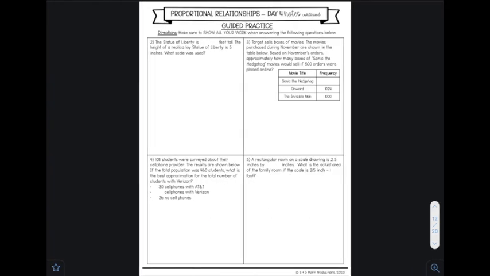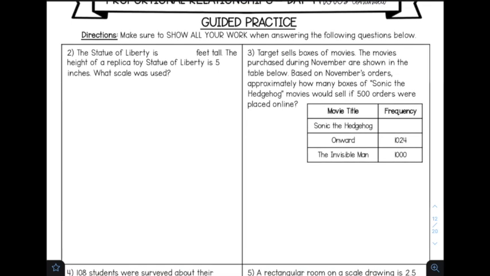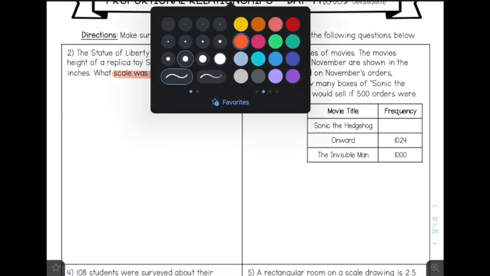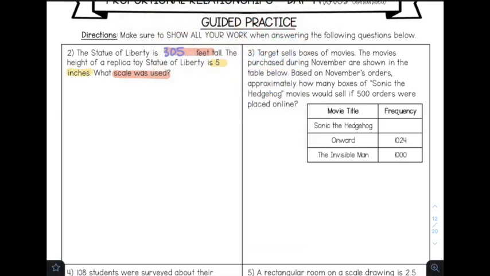Number 2. So number 2, the Statue of Liberty is 305 feet tall. The height of a replica toy Statue of Liberty is 5 inches. You need to figure out the scale that was used. So you're given 305 feet tall, you're given the 5 inches, now you need to figure out the scale.